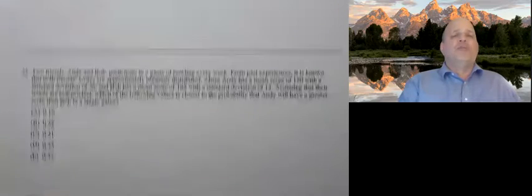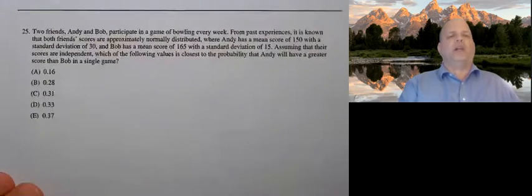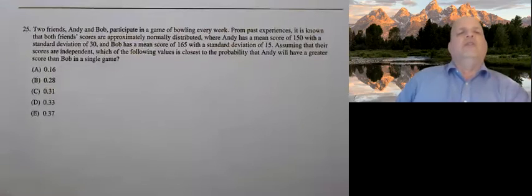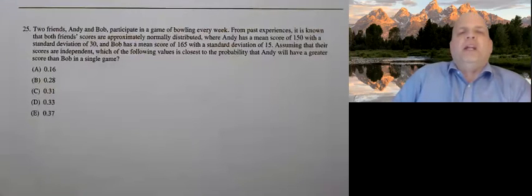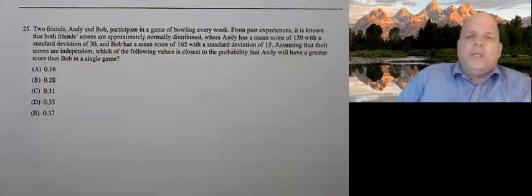All right, truthfully, one of the hardest questions in all of AP Statistics right here. Two friends, Andy and Bob, participate in a game of bowling every week. From past experience, it is known that both friends' scores are approximately normally distributed. They're telling us this because we're going to have to ultimately combine them, and if they're normal, we can.